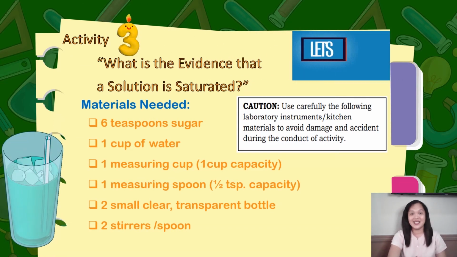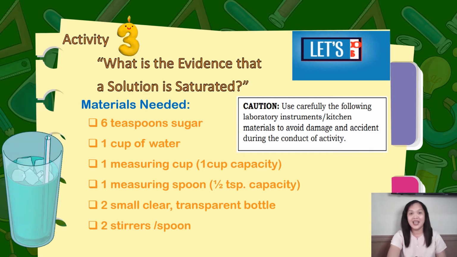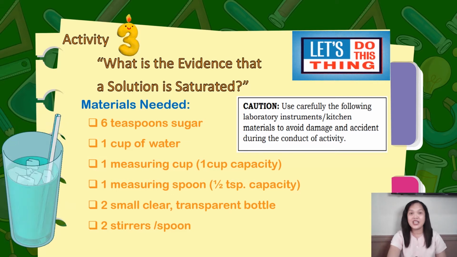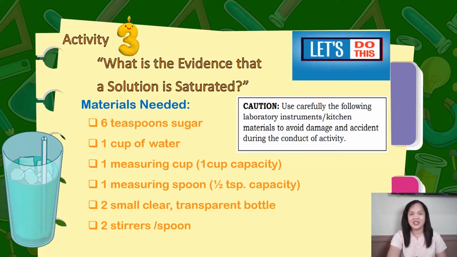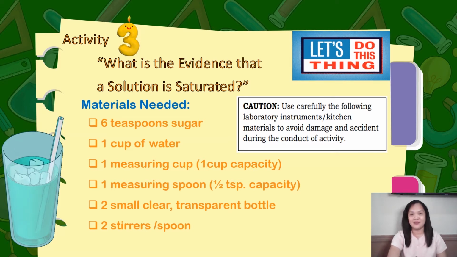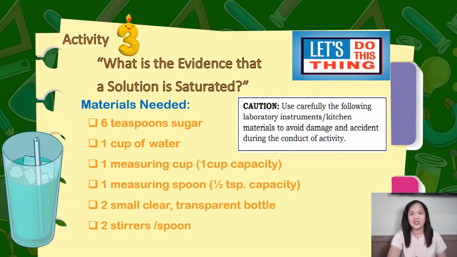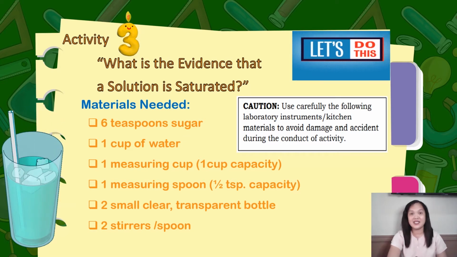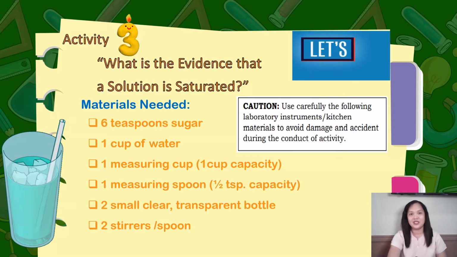Alright kids, now that you are familiar with how to describe the characteristics and appearance of a solution, let us perform activity number 3 and find out the evidence that a solution is saturated. For this simple experiment, you will need to set up the different materials that I told you to prepare a while ago.